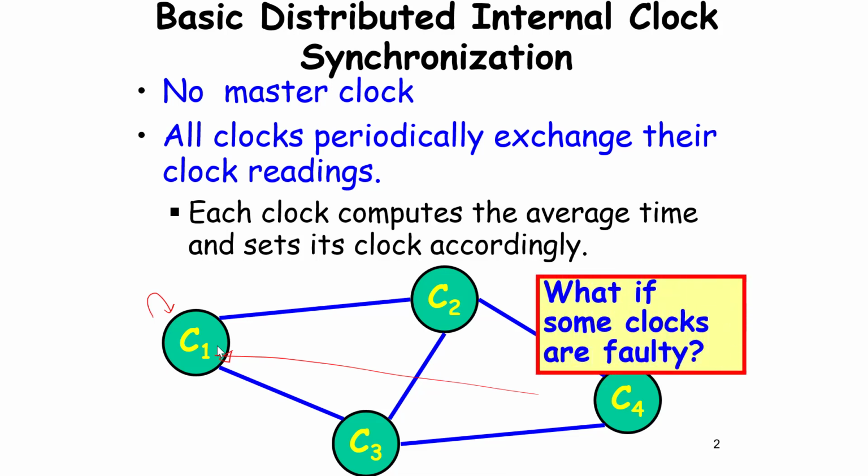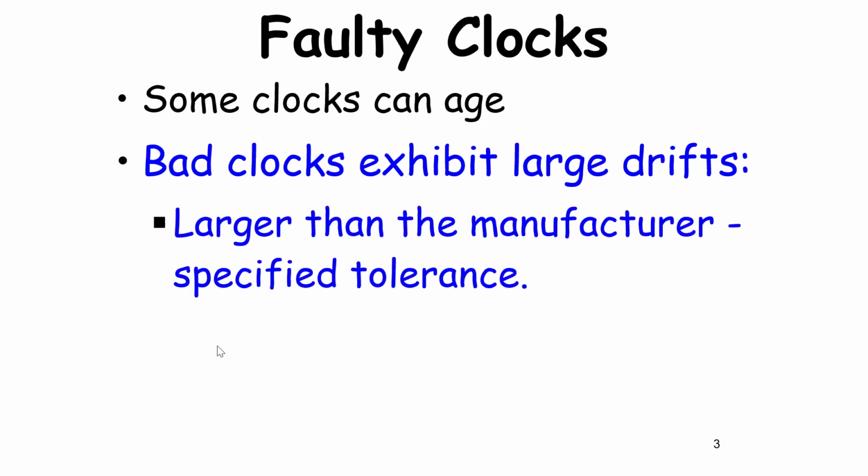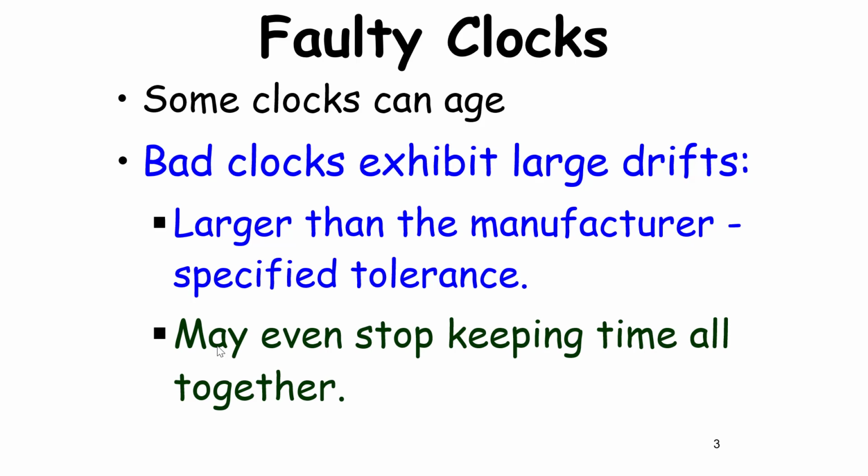All right. Of course, some clocks could be faulty in the sense they could have failed completely, or they could be providing different values to different processes. Bad clocks can exhibit large drifts, and you could have clocks from different models or different vendors where the manufacturers have prescribed different levels of tolerance and accuracy.